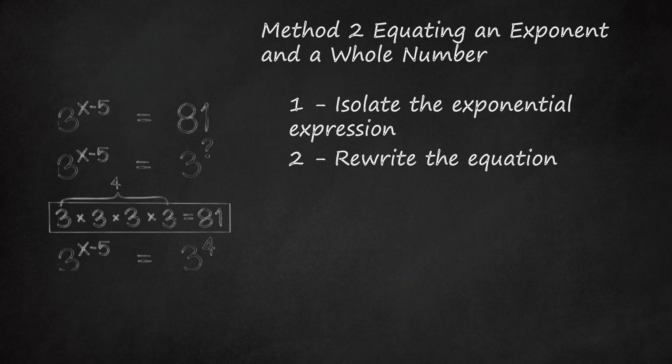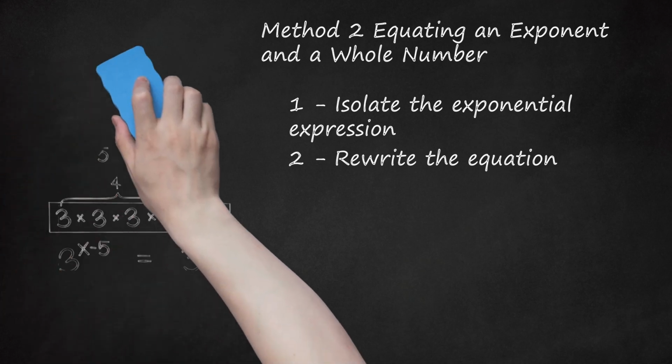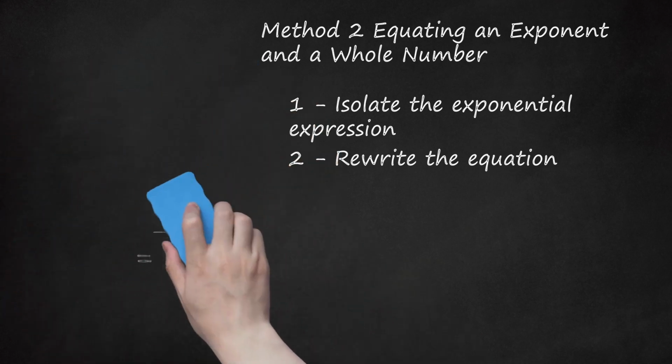By factoring out 3, you should see that 3 times 3 times 3 times 3 is equal to 81, so 3^4 = 81. The new equation then becomes 3^(x-5) = 3^4.